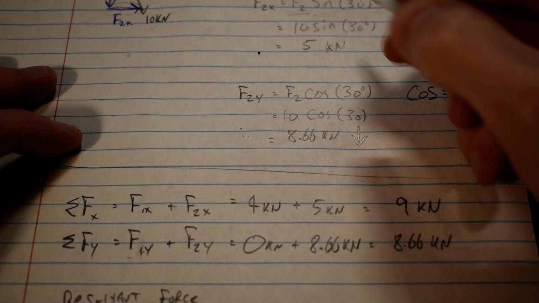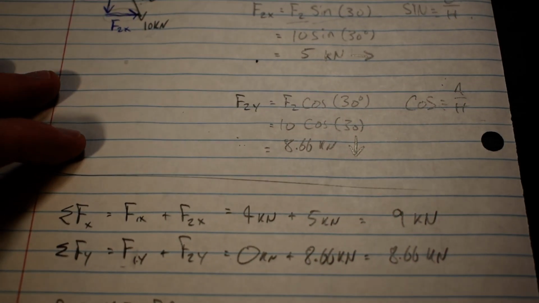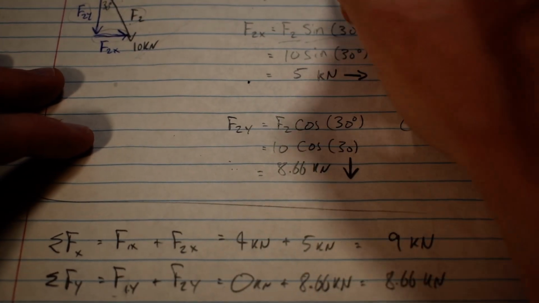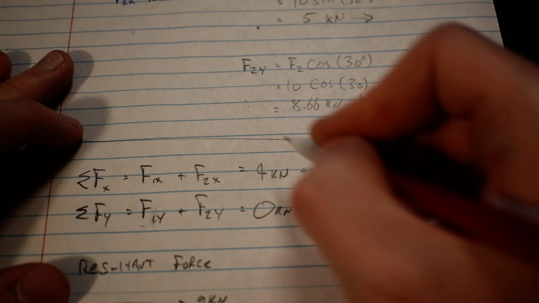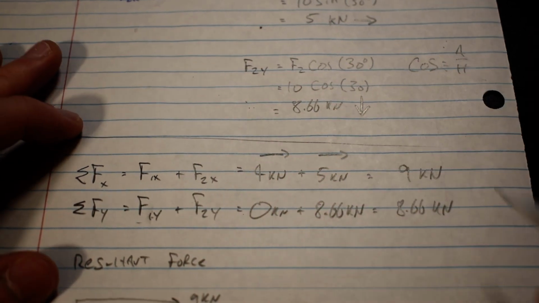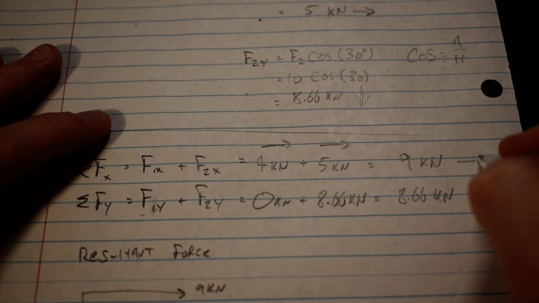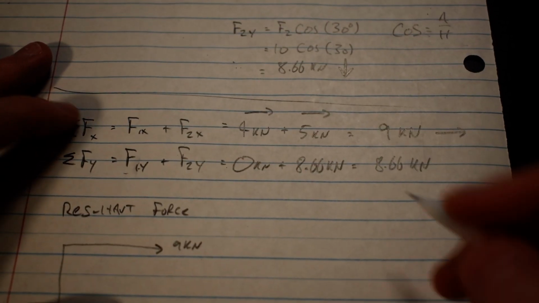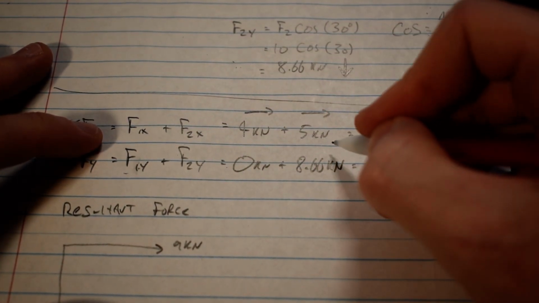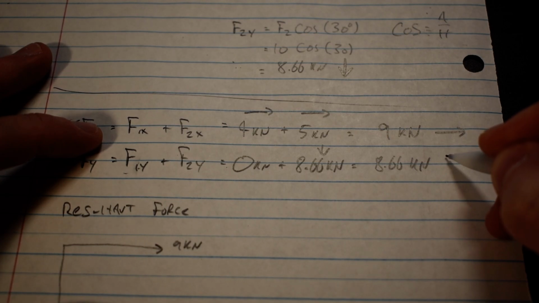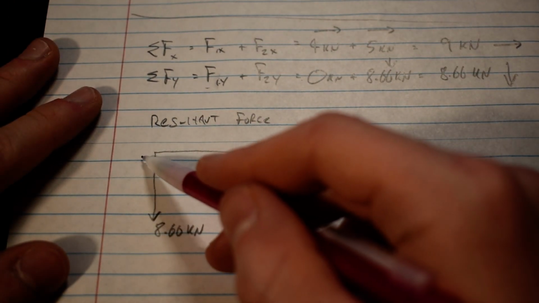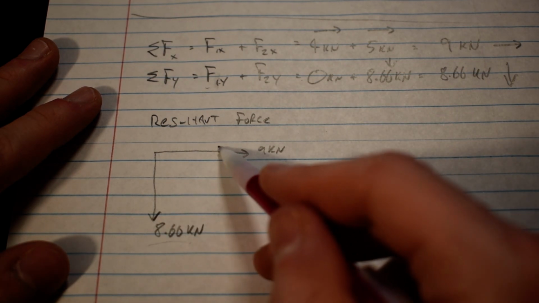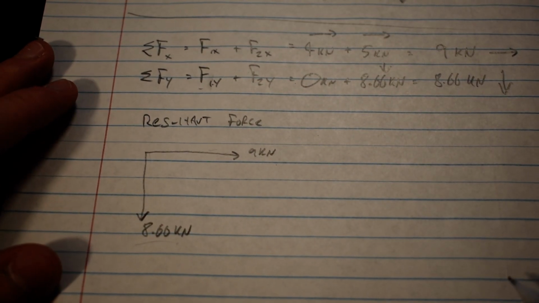This is going to be down, this is going to be that way, this is going to be that way. Because we have 4 kilonewtons that way and 5 kilonewtons that way, we get 9 kilonewtons in the positive direction. Because we have 8.66 kilonewtons down, we have our resultant as 8.66 kilonewtons down. So when we draw our final force, it is 8.66 kilonewtons down and 9 kilonewtons to the right.